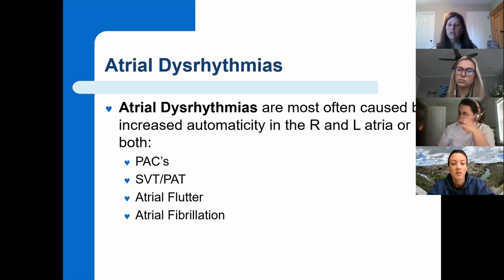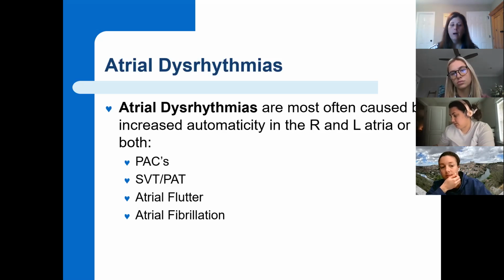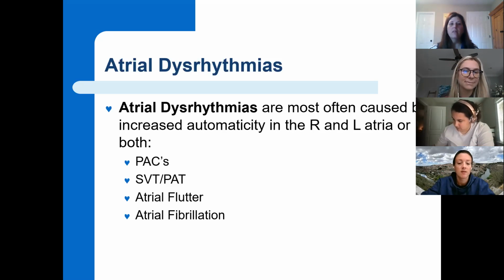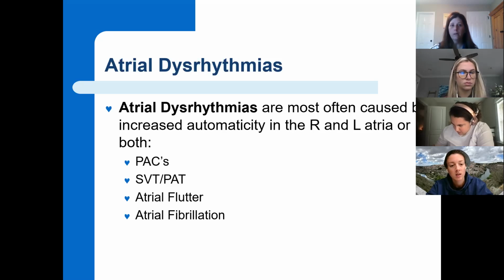That could be the irritable foci, and that could be what is actually starting the electrical impulse instead of the SA node. The impulse is going to travel to the AV node, and then to the His, and then to the branches, and then to the Purkinje fibers. So what's going to happen is the ventricles are going to depolarize correctly, and so you're going to have a normal QRS, okay? Because again, our problem is with the atria.